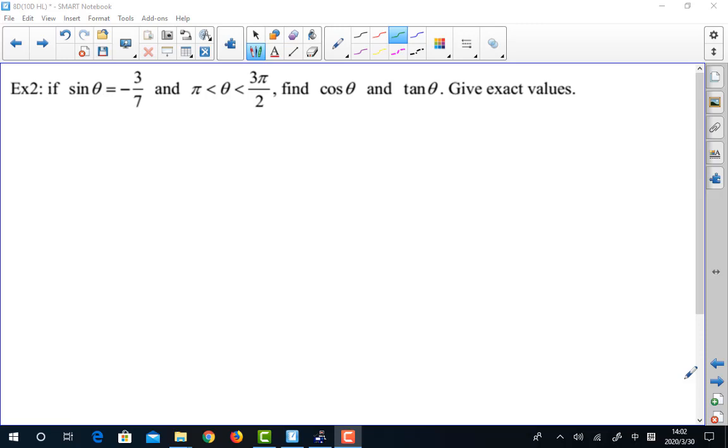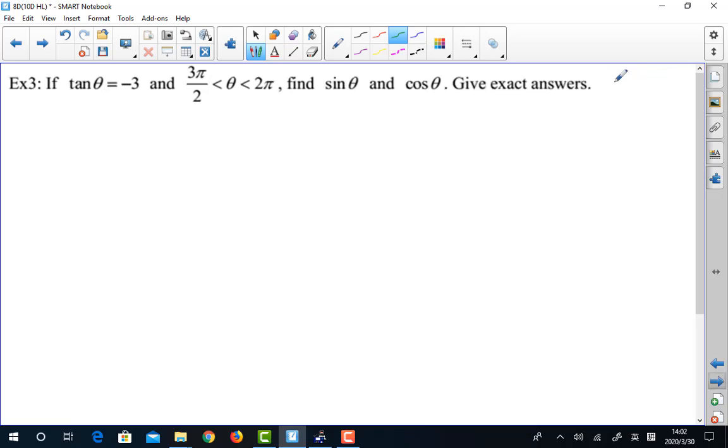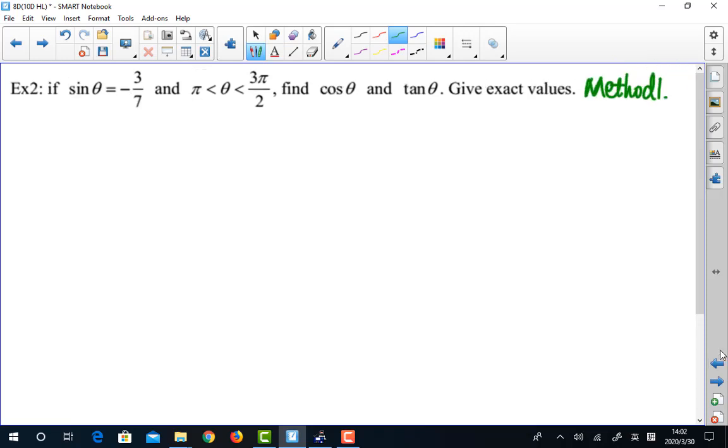For example 2, I'm planning to use method 1 only. For example 3, I'm planning to use just method 2. If you want to know how I can use another method to solve the same problem, you can refer to my answer keys to the notes that I post on ManageBag.